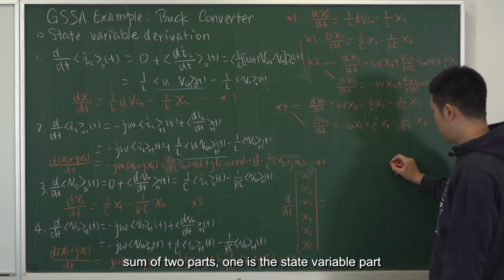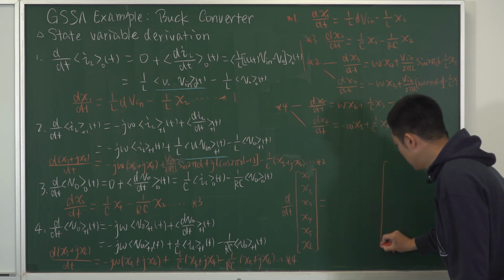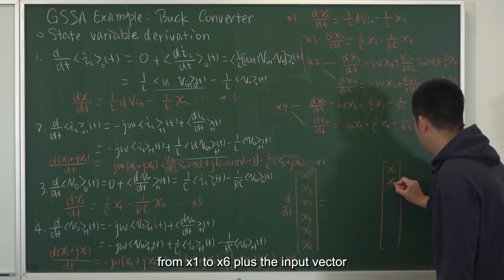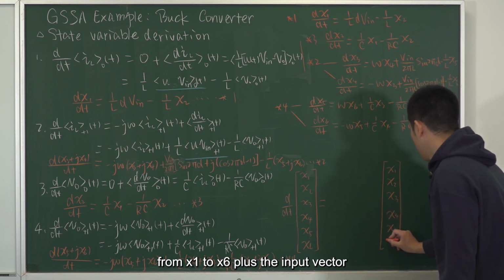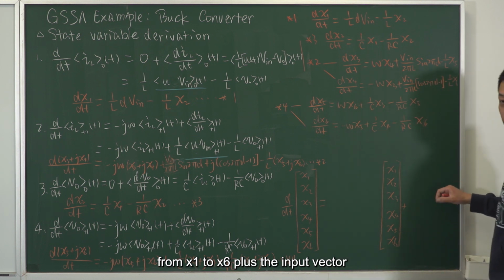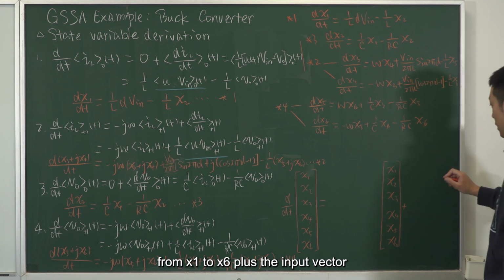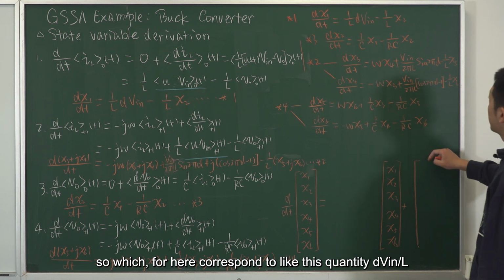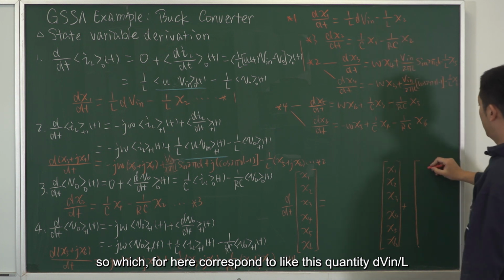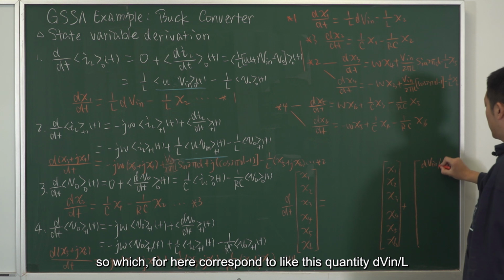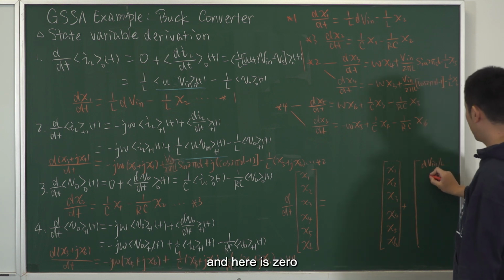One is the state variable part from x1 to x6, plus the input vector, right? Which here corresponds to this quantity, d Vin over L, and here is 0.